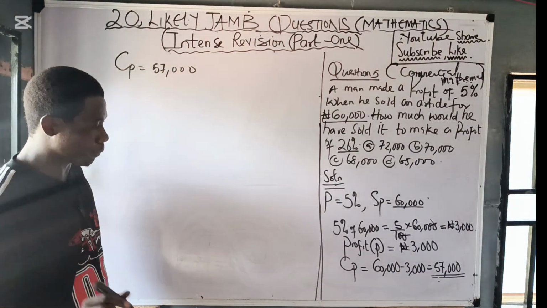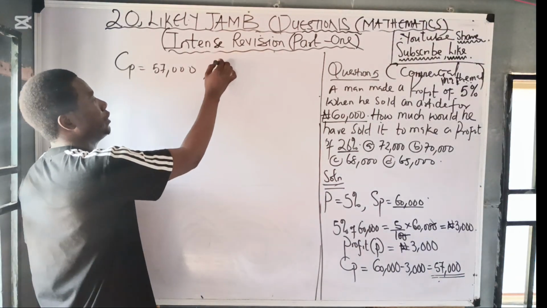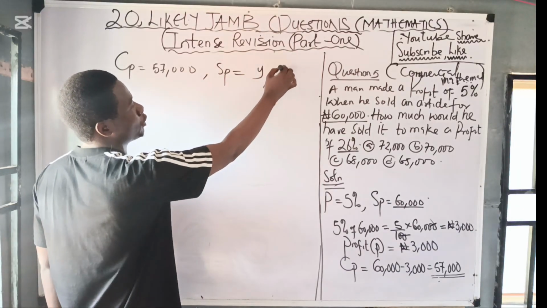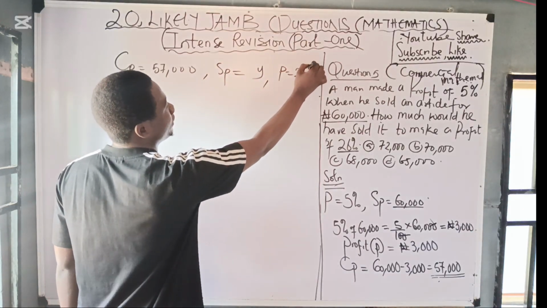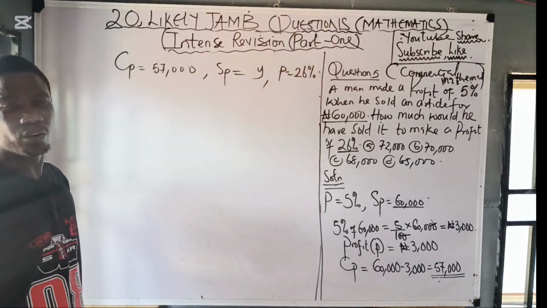So if the cost price is 57,000, how much will he have sold it? Let's say the selling price is Y, so that the percentage profit will be 26% according to the question. Are we together?